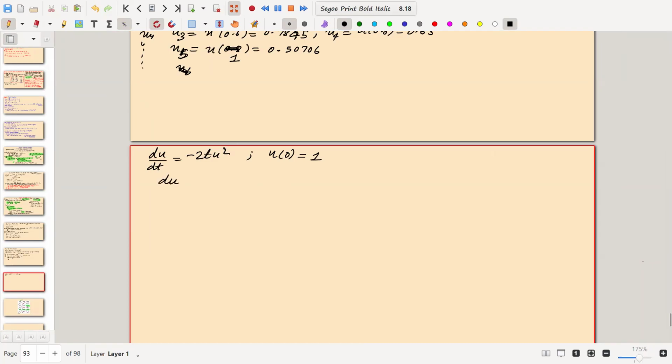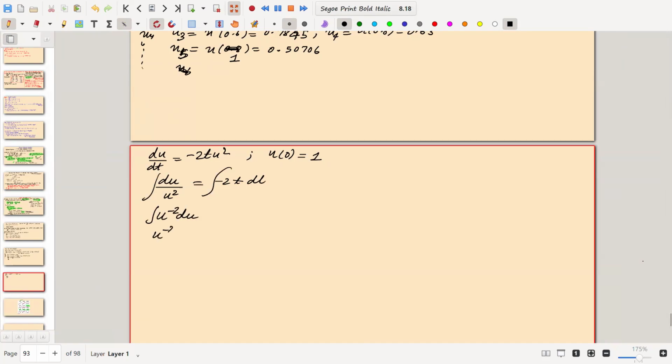So how can we solve it? du by u square equals minus 2t dt. We can take integration on both sides. So this one is nothing but u to the power minus 2 du.